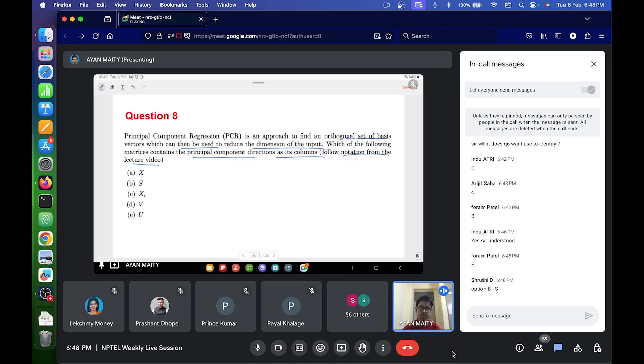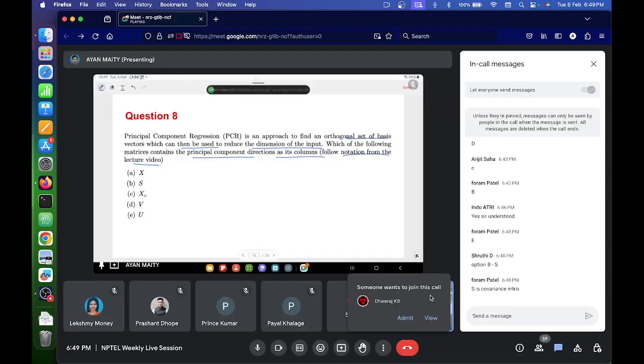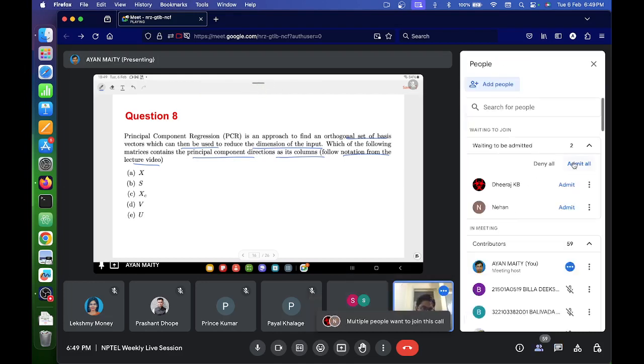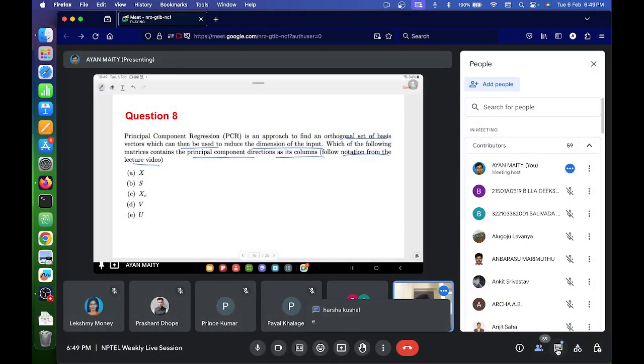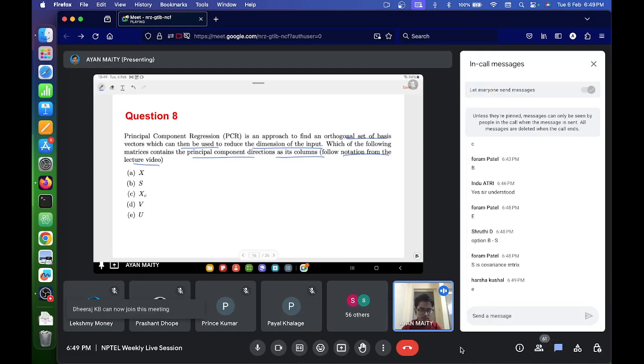Shruti is saying option B, which is S. Harsha Kushal is saying E, which is U.